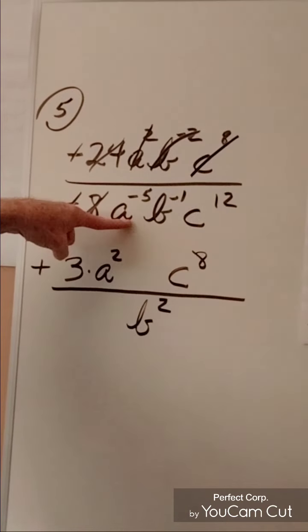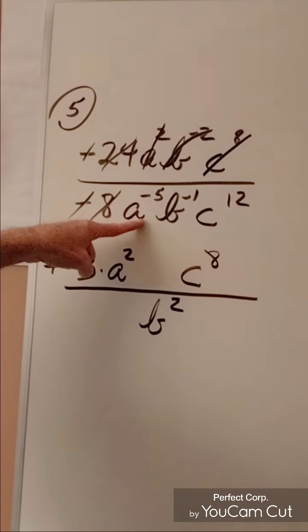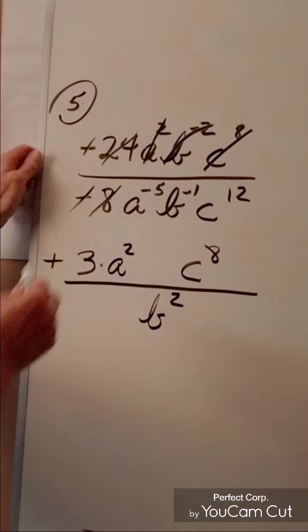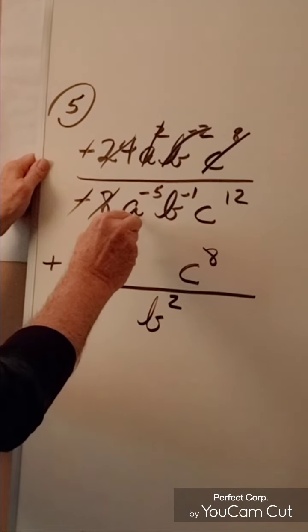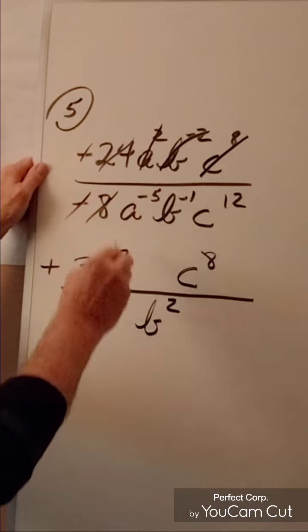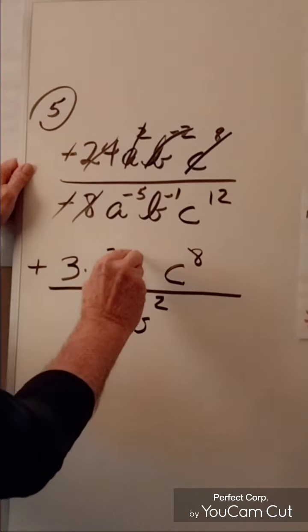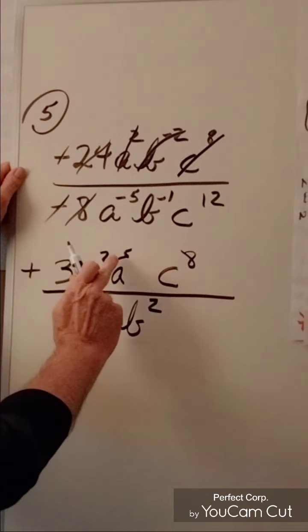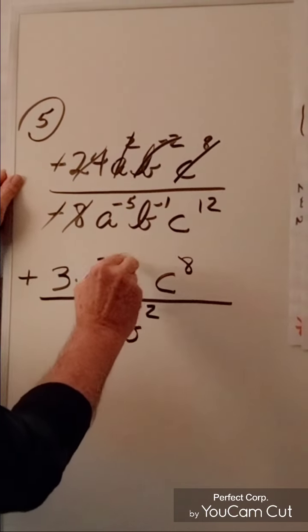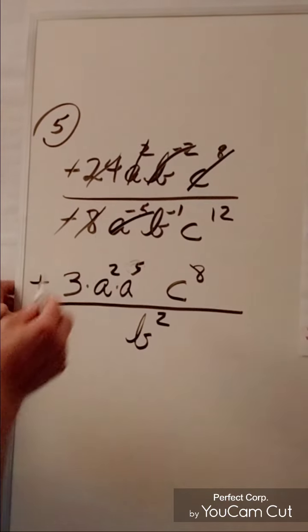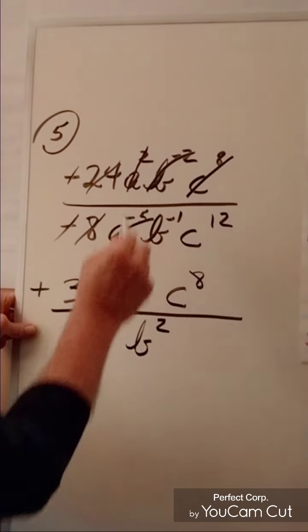A to the negative 5th is going to have to come up. So we'll elevate that A, switch that A to the other side, and it becomes A to the 5th. That B to the negative 1st is going to have to be changed and moved up.